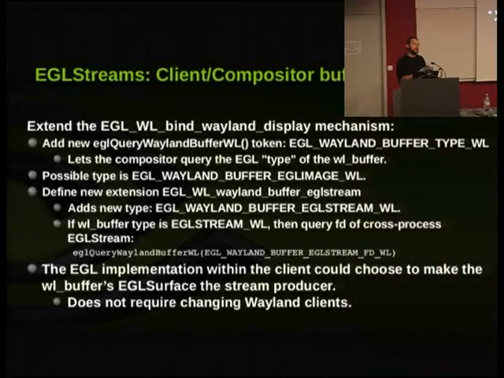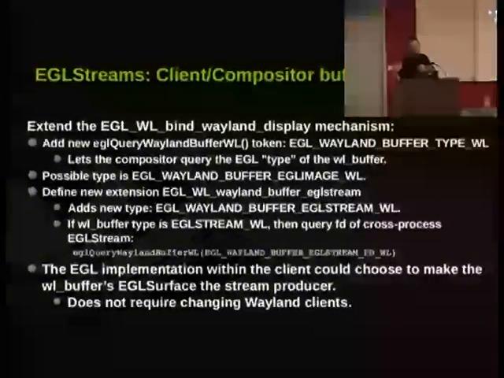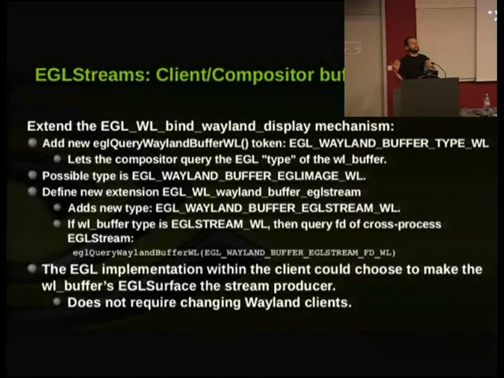And so if we do that, and the EGL implementation in the client makes the EGL object wrapping the Wayland buffer in the client the producer of an EGL stream, then using this mechanism in the compositor, we can create a texture or whatever consumer object we want from that EGL stream, or inferred from that Wayland buffer.